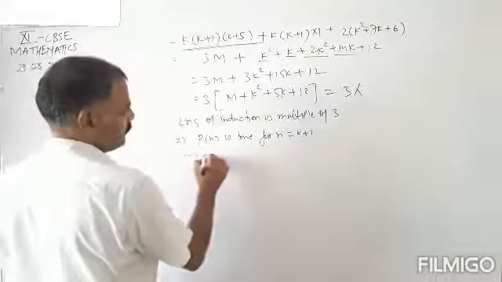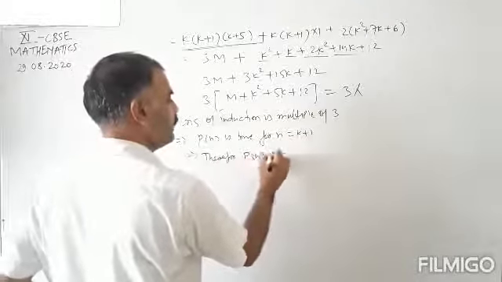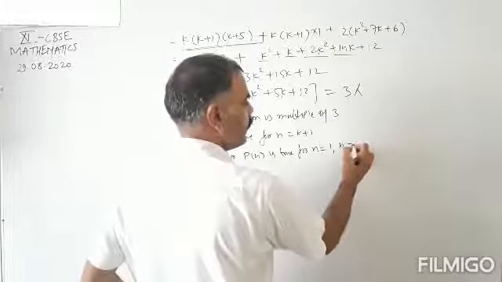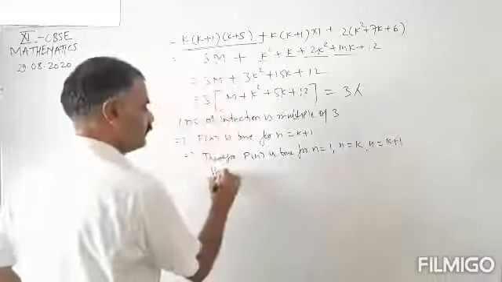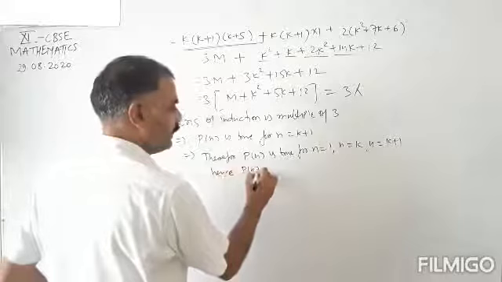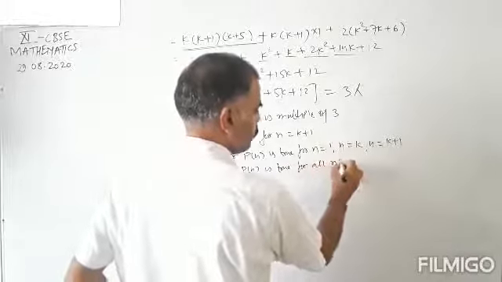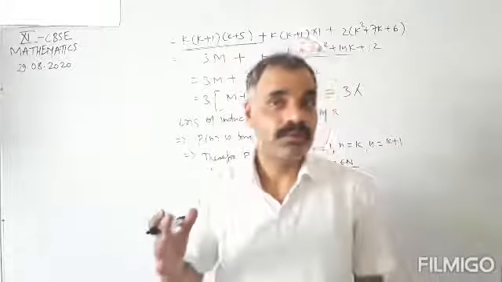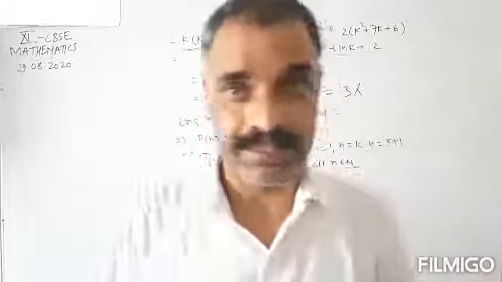Therefore Pn is true for n equals 1, n equals k, n equals k plus 1. Hence Pn is true for all natural numbers. So this is the total solution of question number 19.